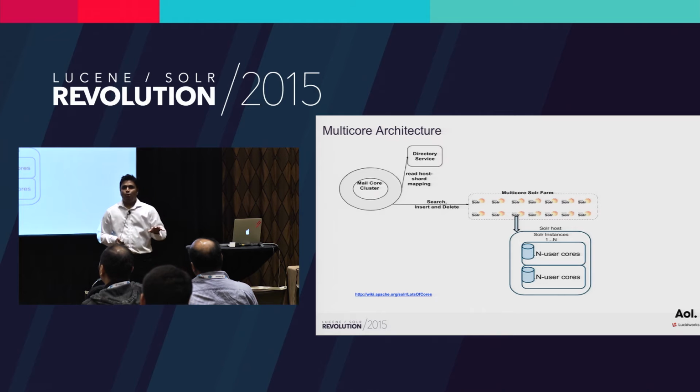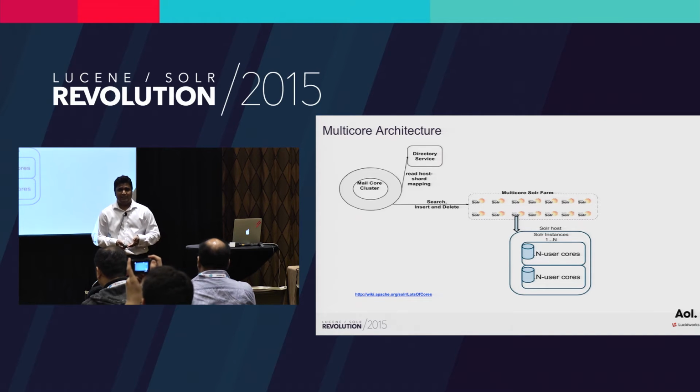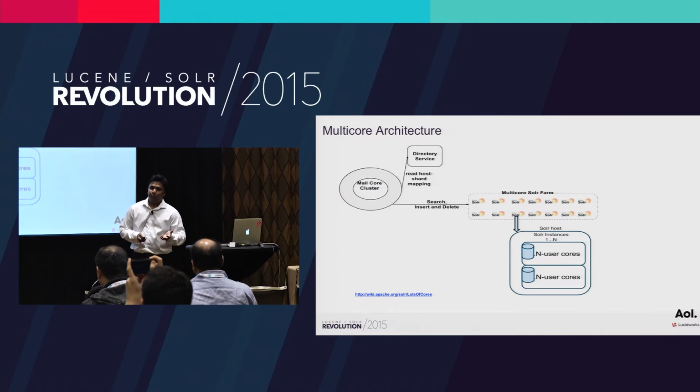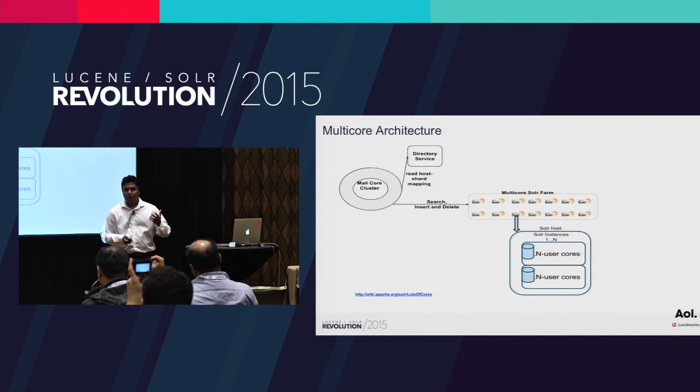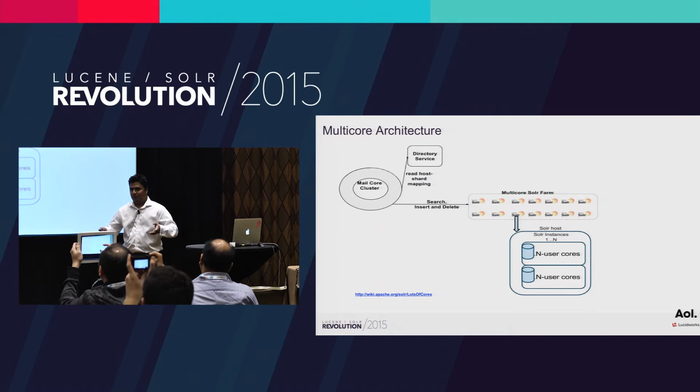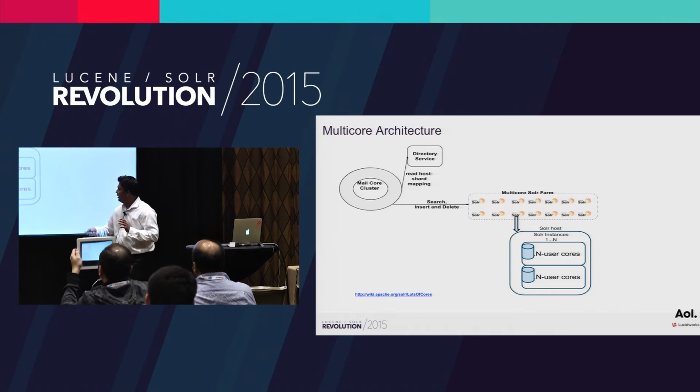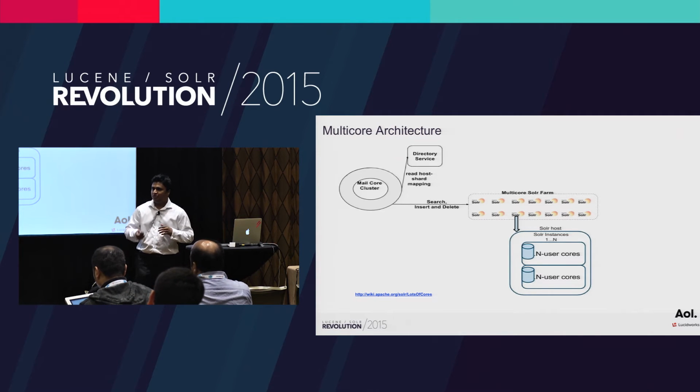So a quick overview of our old multi-core architecture. As I said, we started using Solr with the Solr 1.3 timeframe, and at that time, Solr was, even today to a certain extent, built to work with one large index with periodic updates and a lot of searches going to it. That's what it's built for. But we did some optimizations and changes.